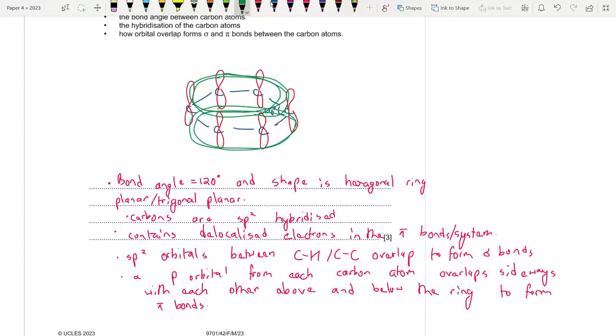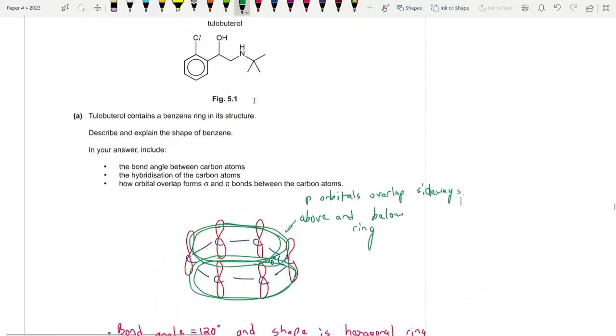You have to label it, okay? P orbitals overlap sideways above and below ring. Okay, is that fine? So there you go. Really important.